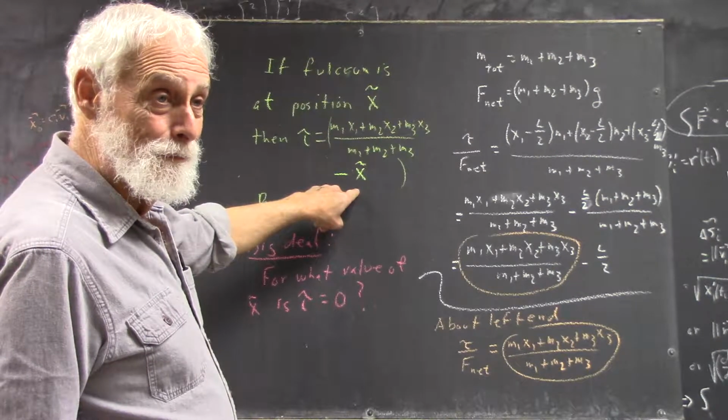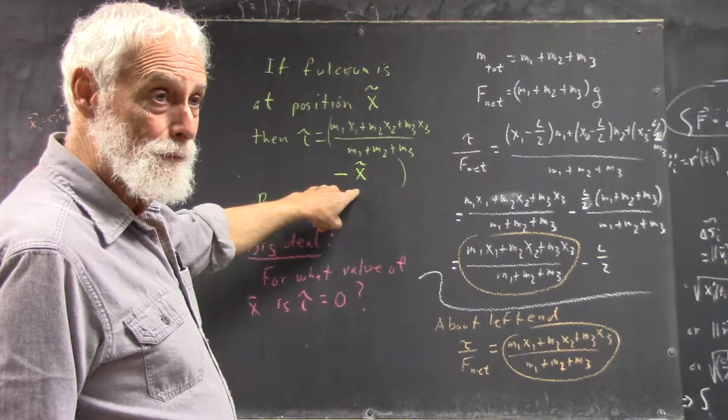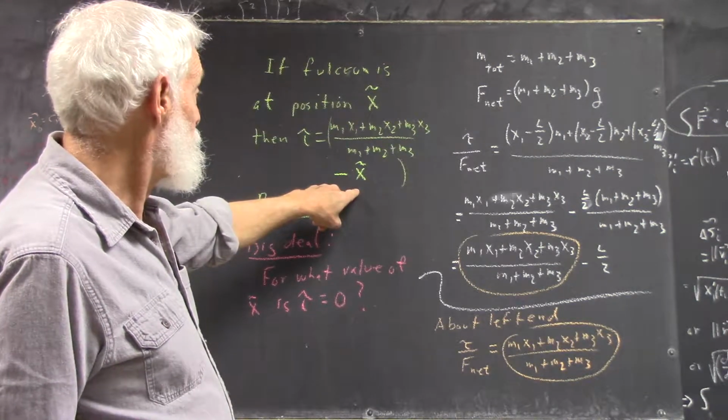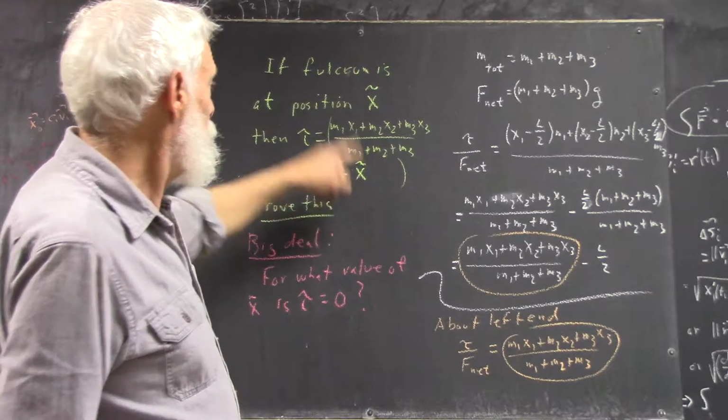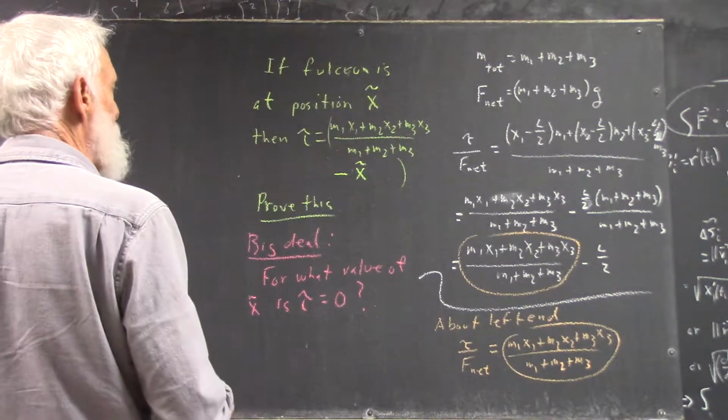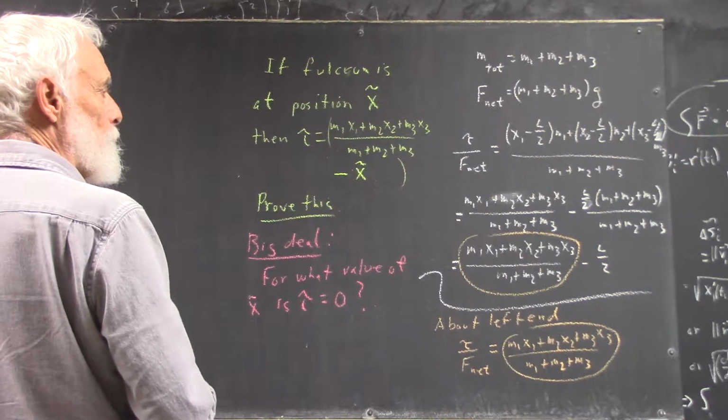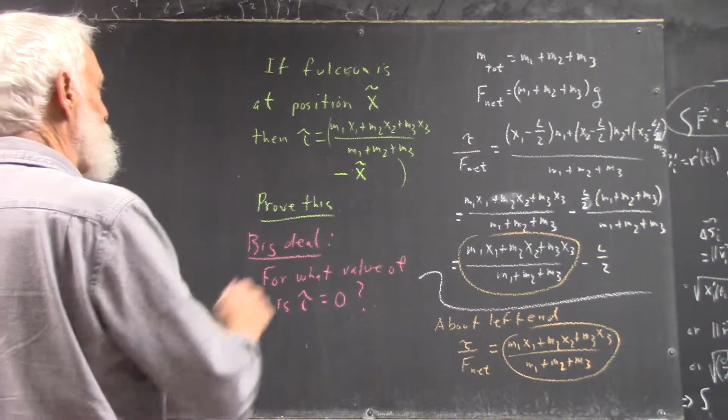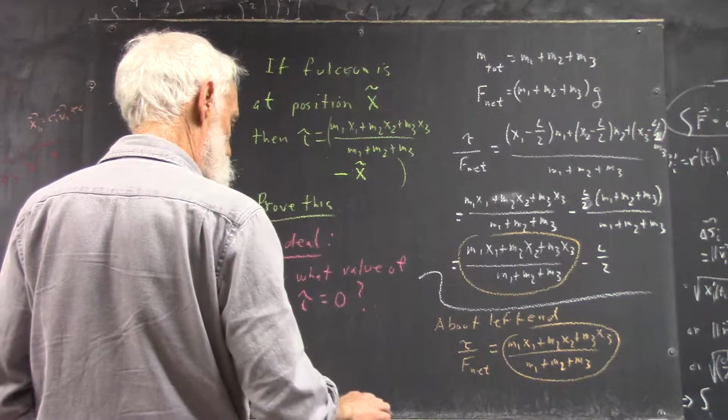If x tilde is equal to the other expression. Uh-oh, I said torque. Should be torque over F net.